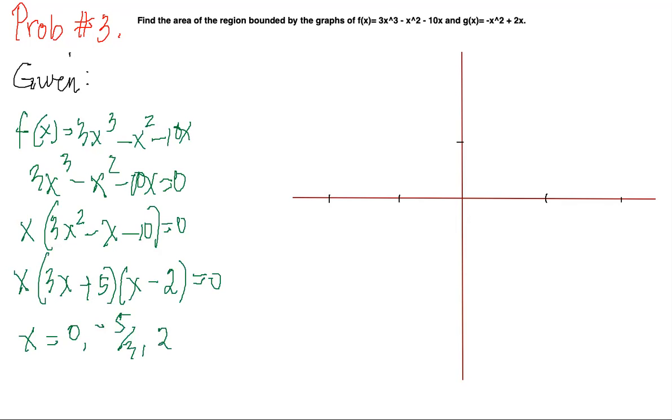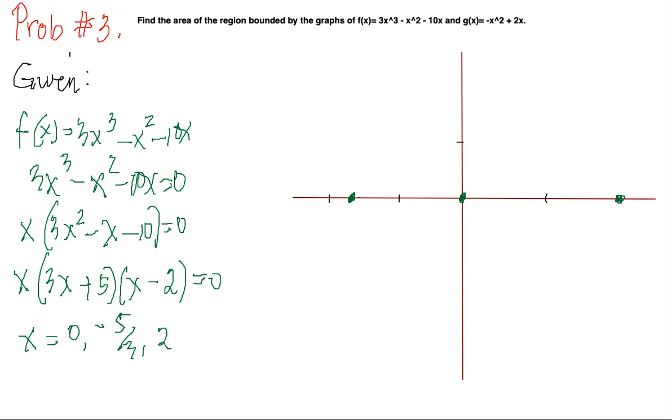So let's plot the points of the function f of x. We have 0 here, 2 here, and negative 5/3 somewhere here.